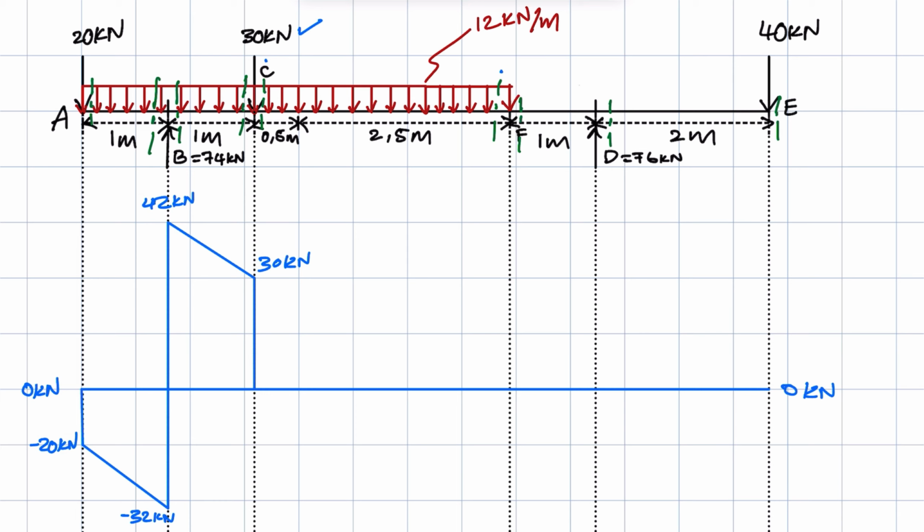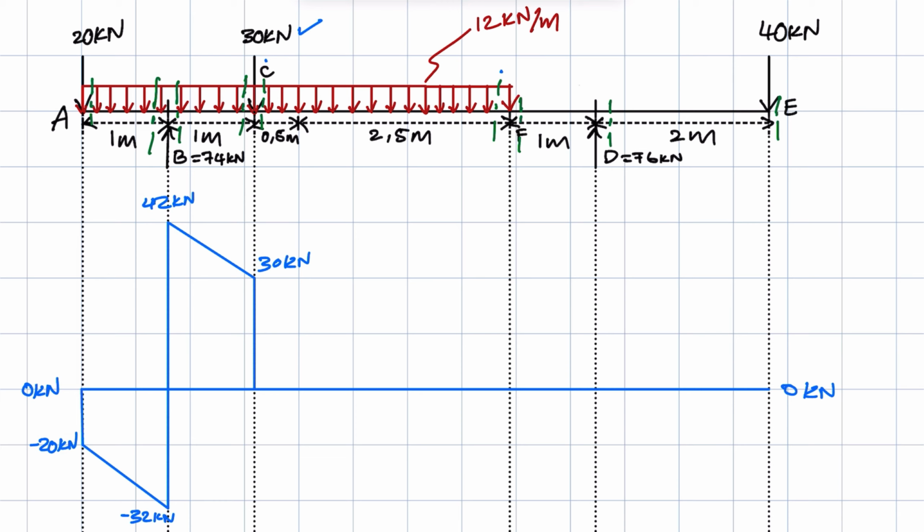The only force to add is the one based on the UDL. And what is the span of the UDL between C and F? It is 3 meters. So we say 12 times 3, which is negative 36. Because remember, what we get when multiplying the UDL by its span is the weight. The weight is headed downwards, so we take it as negative.